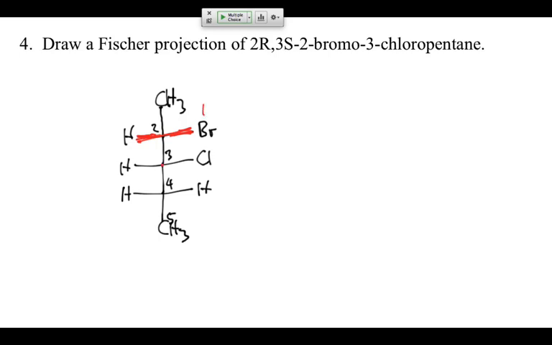Then carbon 3, so priority A is the bromine, priority B is this carbon, priority C is this methyl, priority D is the H, all right? Good? Now the easiest way to look at it is to look along this bond from the front, okay? You imagine looking along this bond and then the H is pointing toward you, so in the end, you want it to point away from you, but if it points toward you, you can just assign R or S and then flip the thing in the end, okay?